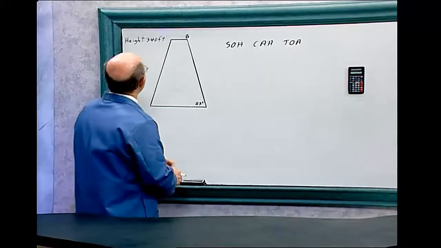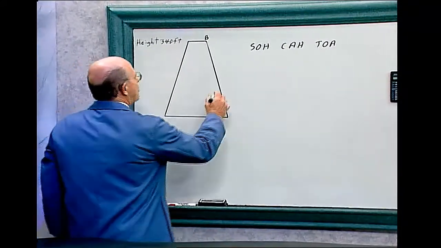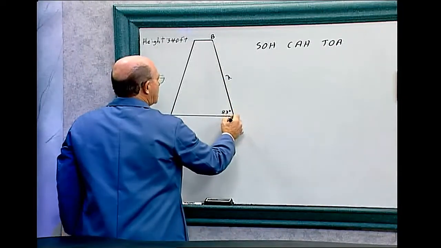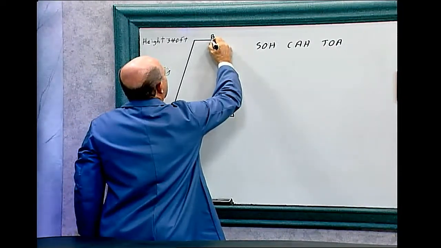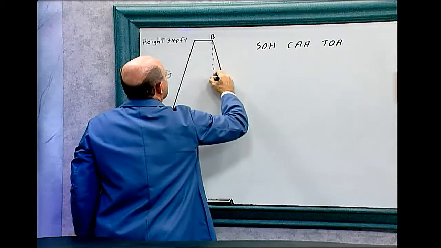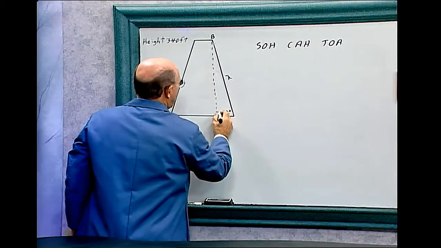Let's do the math. The height of the tower is 340 feet, and we want to find the length of this side. So if we draw a line from here down, that would be a right triangle.